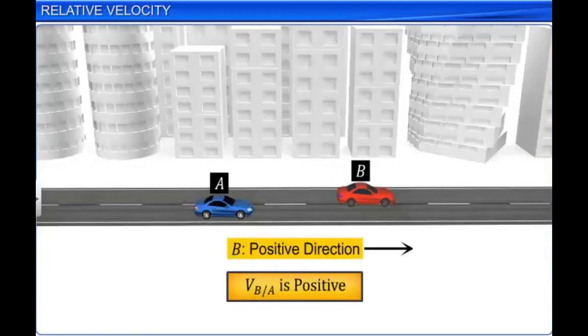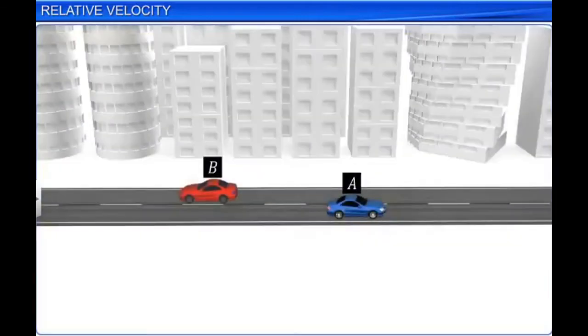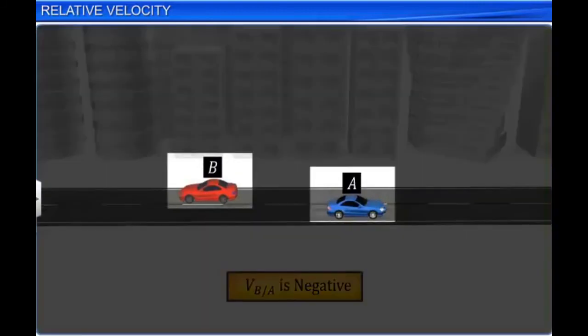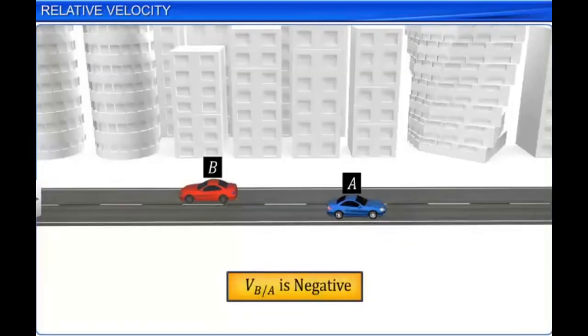A negative sign of vB by A means that when B is observed from A, the motion of B is in the negative direction, that is, leftward direction. This concept can be applied to determine the relative distance and relative velocity.